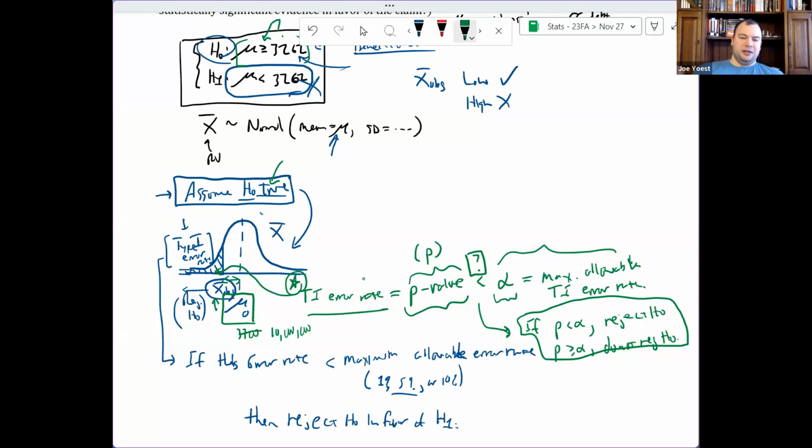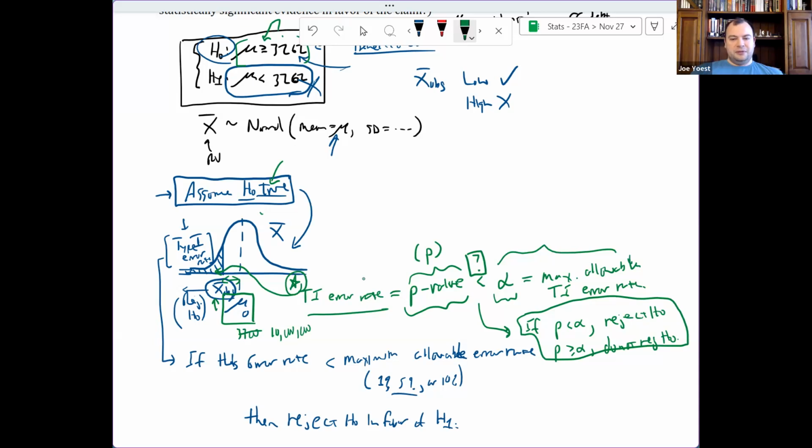So I know that I could reject for a mu naught of 10 million, basically no matter what happens with this sample. Nobody's going to have $10 million of credit card debt, definitely not as a college student.